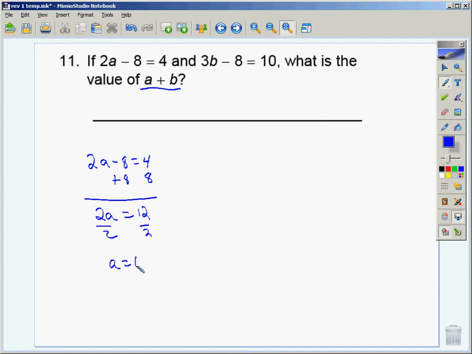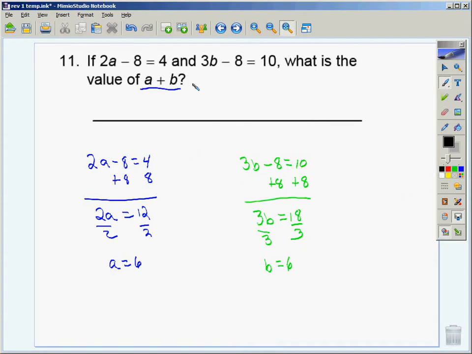A would have been equal to 6. I'd have had to do the same thing for b. 3b minus 8 equals 10. I would have added 8 to both sides. 3b is equal to 18. I'd have divided both sides by 3. b was equal to 6.